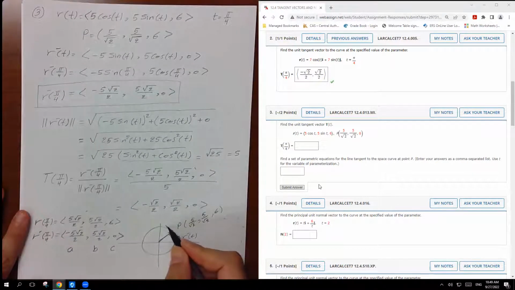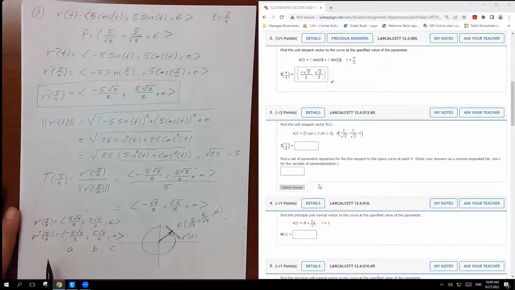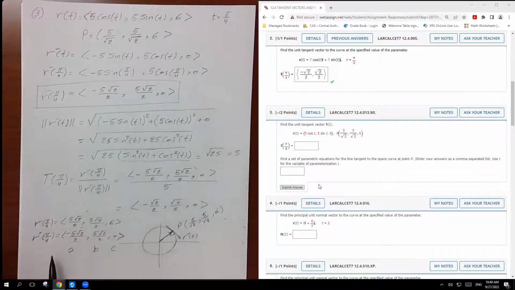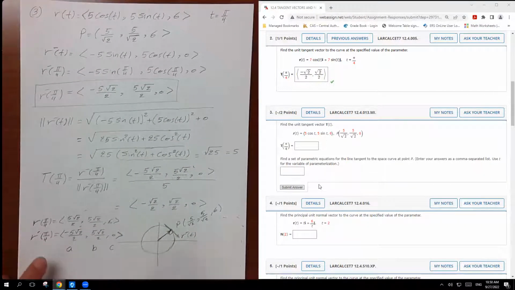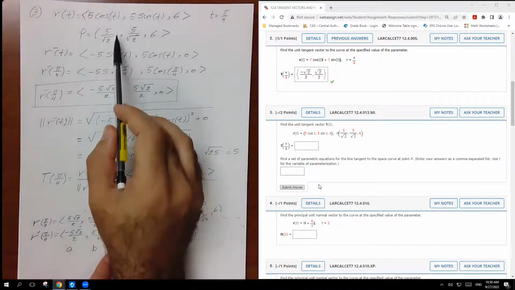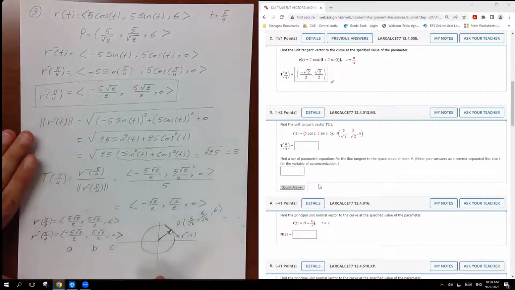So the tangent vector, which is r prime of t, is going to be perpendicular to this one. This one is going to be A, this one B, and this one is going to be C. Now I can use the point with A, B, C to find the parametric equation.